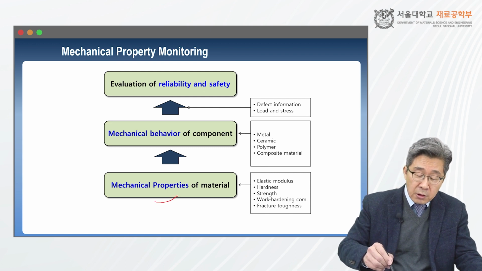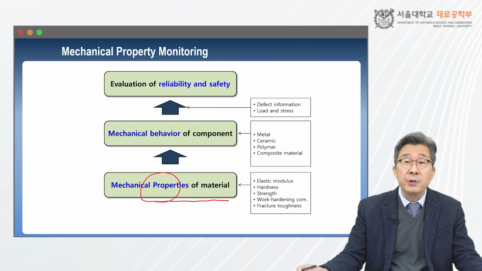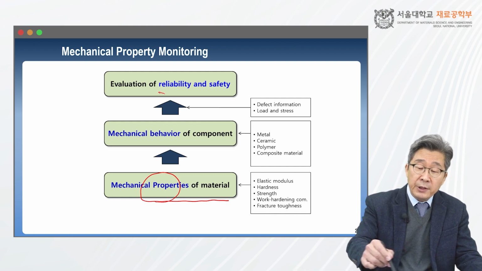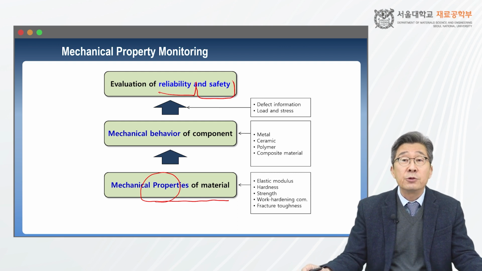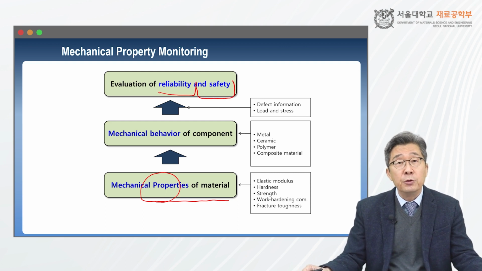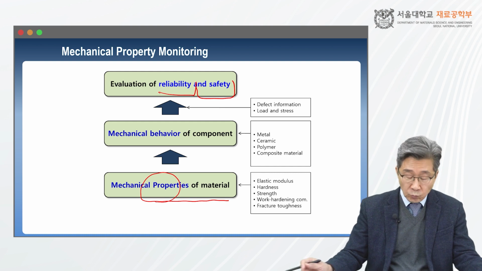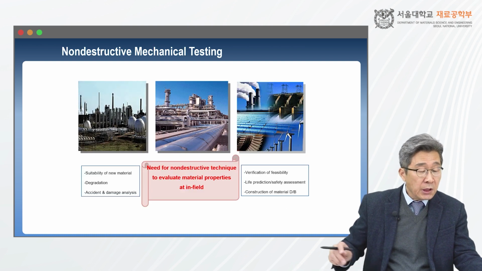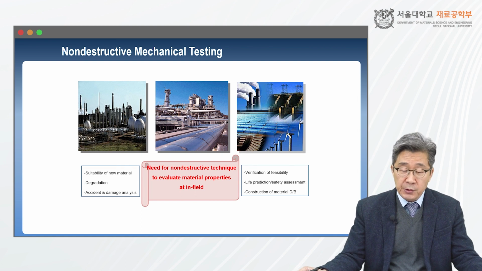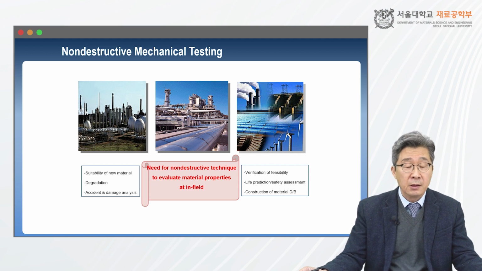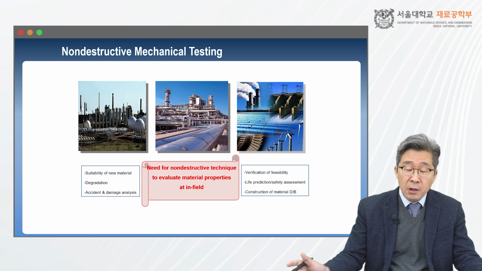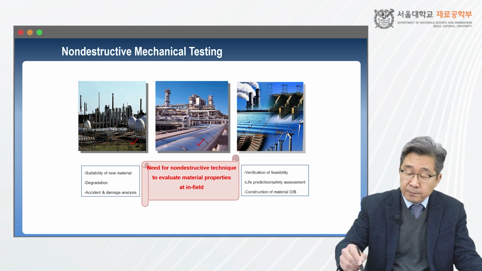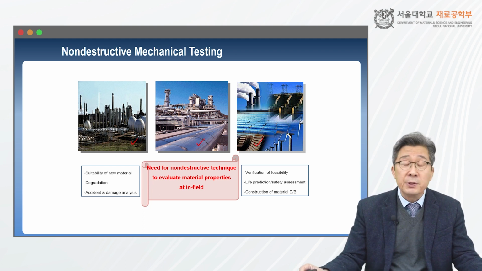Especially, a change in mechanical properties of materials significantly degrades reliability and safety of structures and then reduces lifetime. In fact, most structures suffer from material degradation with time before cracking, which means the on-site mechanical property must be monitored.